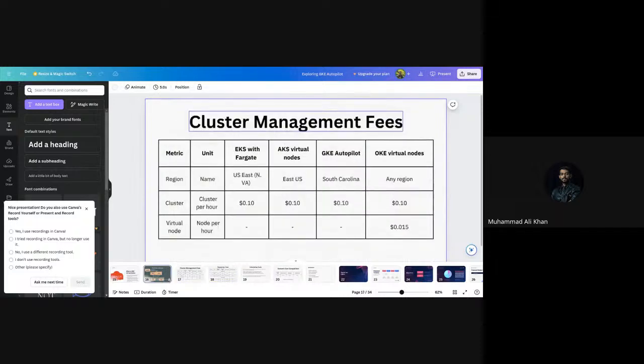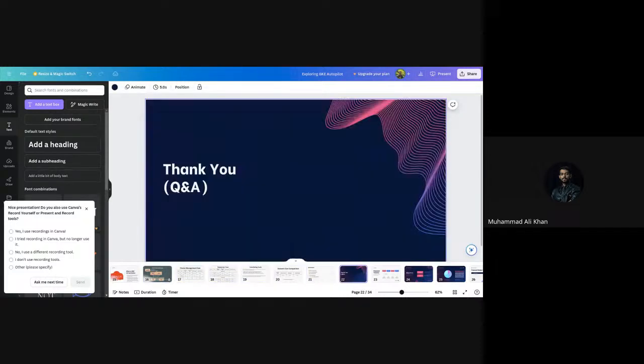Okay, so mainly the summary is that if we are using the managed Kubernetes serverless offering, we need to weigh our pros and cons on what type of infrastructure needs we have.